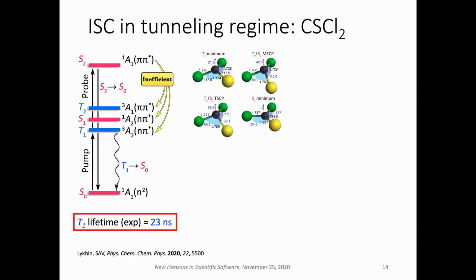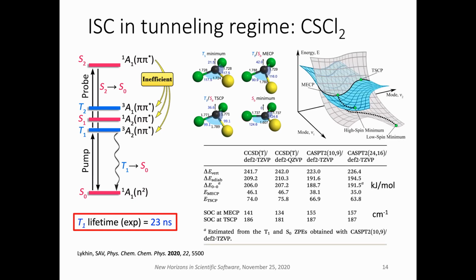Now, another example of high-level electronic structure theory is a study of a small molecule, thiophosgene, where there is experimental data from relatively complex pump-probe experiments. The outcome is that they were able to measure the lifetime of the low-lying triplet state, and we wanted to look at how this transition happens.